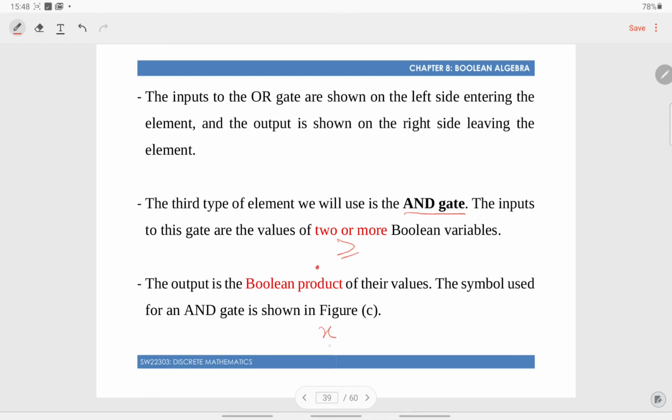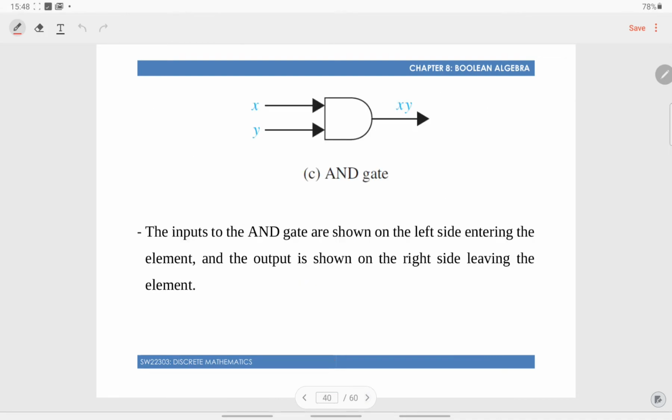If the inputs are X and Y, the output is X times Y. If we have another one, Z, the output is XYZ, because the operation is Boolean product. This is the symbol for the AND gate. It looks like a capital D, without any curve; here we use a straight line. We have two inputs and a single output.